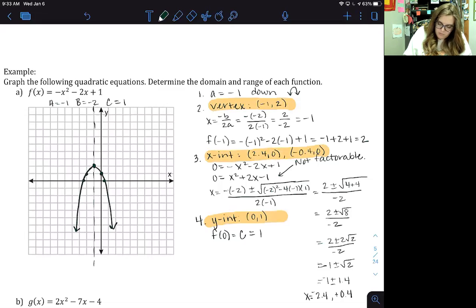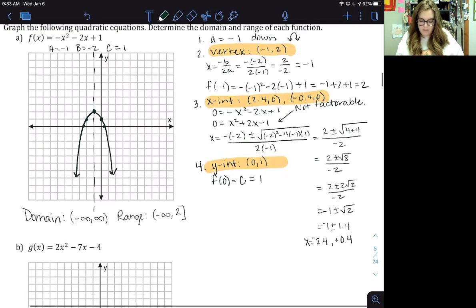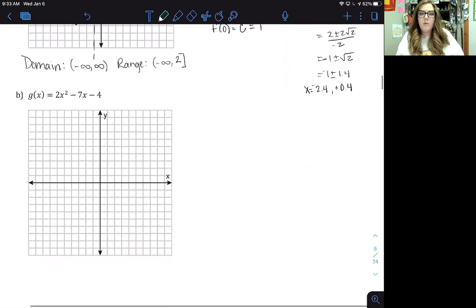All right, here our domain. It's going to be from -infinity to +infinity. And our range, since we're facing down, is going to be from -infinity to 2 with a bracket. All right, I'm going to have you try B, and then we will go over it in class tomorrow.